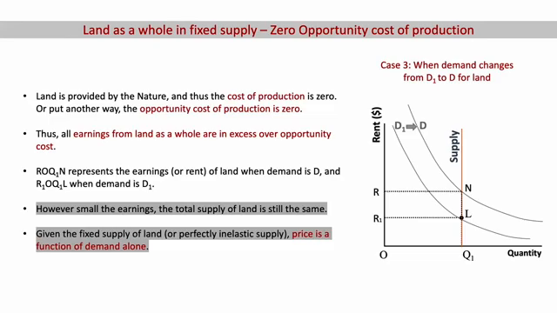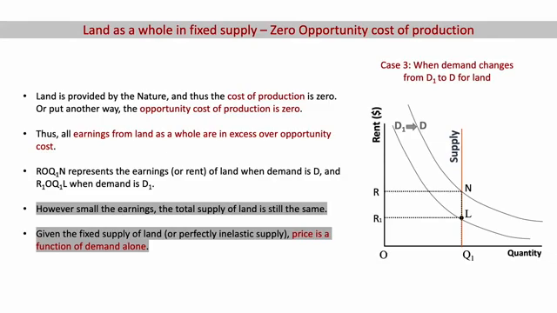And when we say we are not producing land, we are not talking about reclaimed land. As we already discussed, reclaimed land would be considered a capital good because it's a very capital-intensive product and it is not considered land, which we assume is provided by nature. So land is provided by nature and therefore the cost of production is zero.